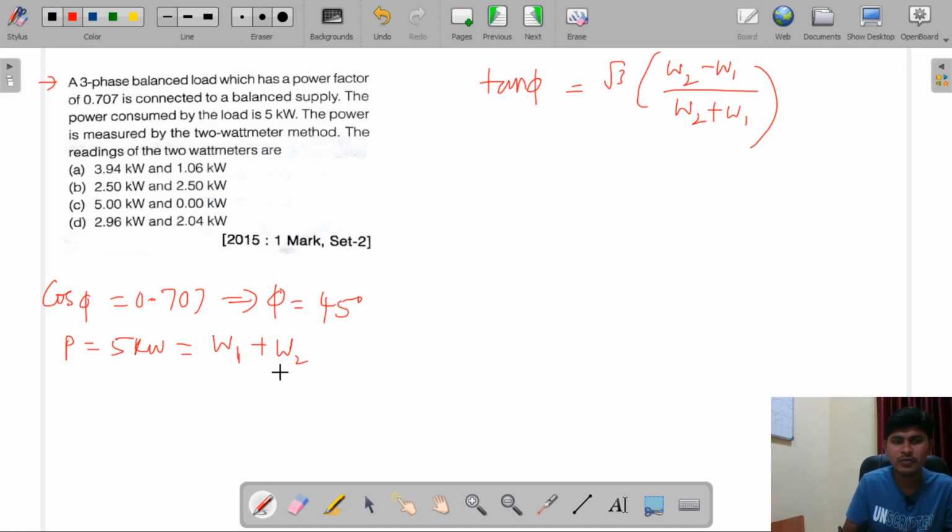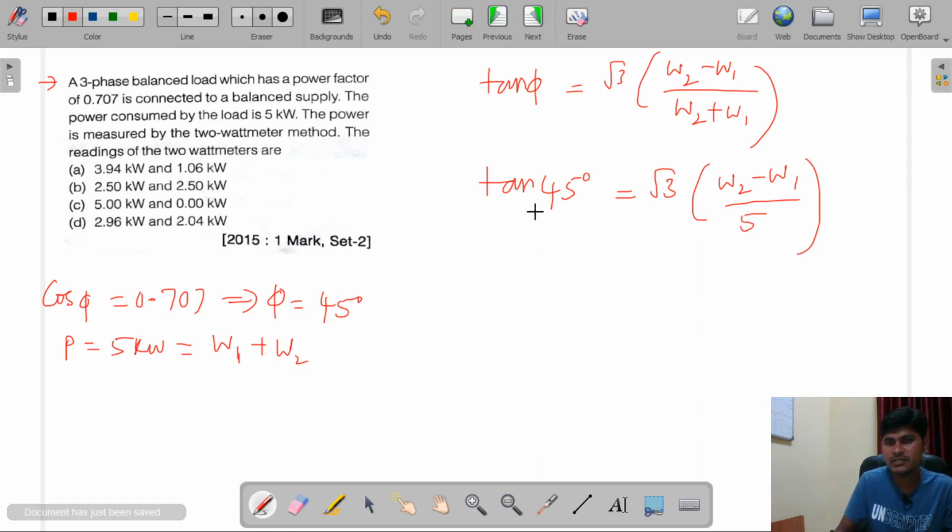So tan 45 degrees is equal to root 3 into (W2 minus W1) by (W2 plus W1), and W2 plus W1 is 5 kilowatts. Tan 45 is 1, so 5 by root 3 is equal to W2 minus W1.